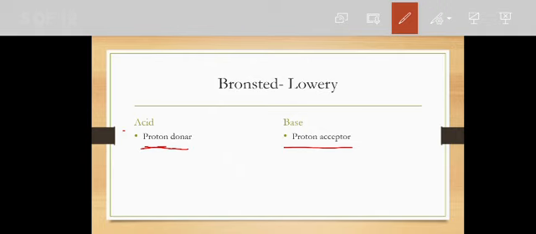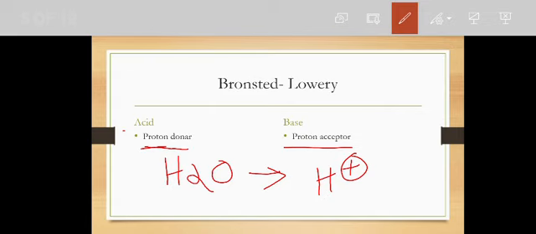For example, water, H2O. So H2O donates H+ ion. And a proton acceptor, for example, ammonia, NH3.